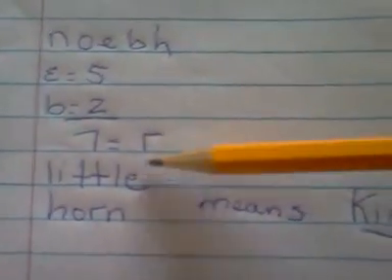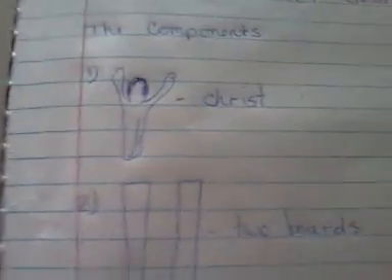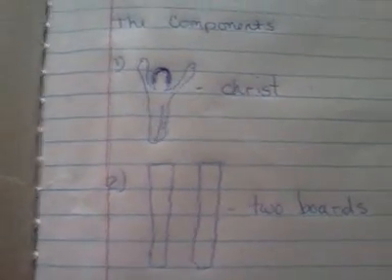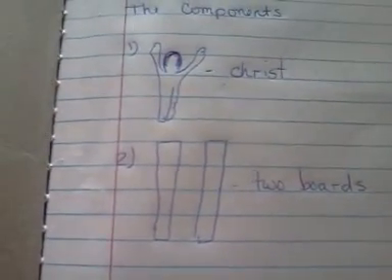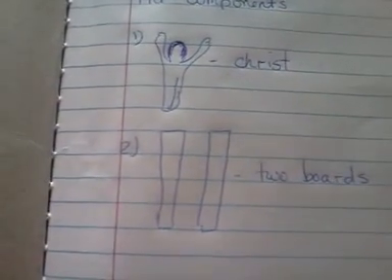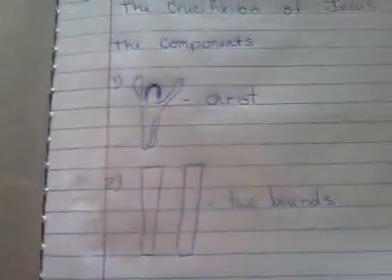Little horn from the book of Revelation means king, which is Christ, which is the little horn, which is the red-faced, two-horned angel of music, which is Esau, which is Jacob pretending to be Esau.